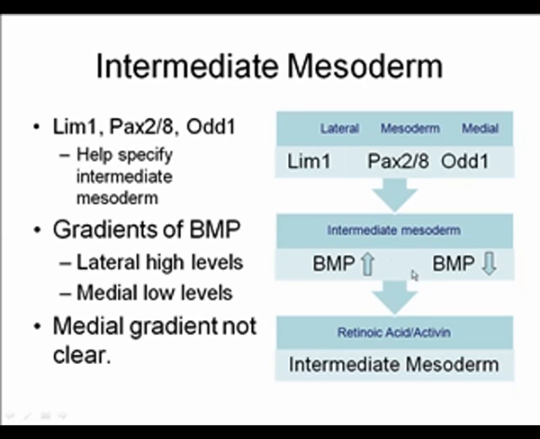And it is in that intermediate region that the intermediate mesoderm develops, so that at some gradient level, both the PAX genes and the amount of bone morphogenetic protein define this tissue as intermediate mesoderm. The actual gradient itself is not known. In addition, retinoic acid and activin play a role in helping to define the intermediate mesoderm.